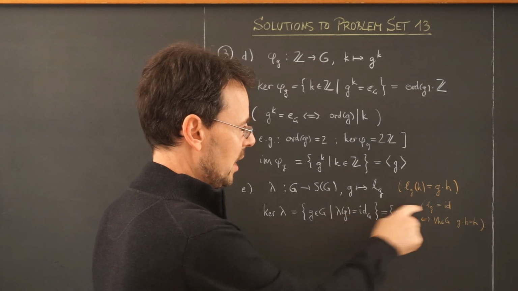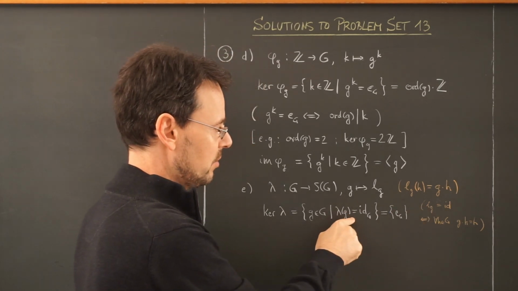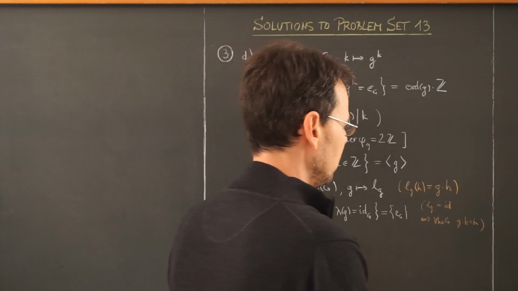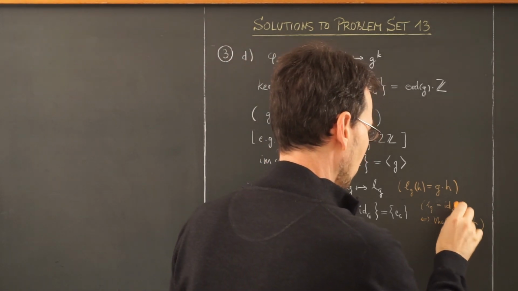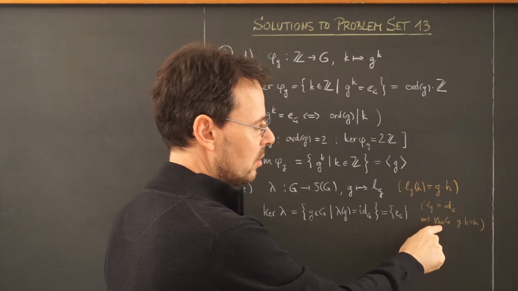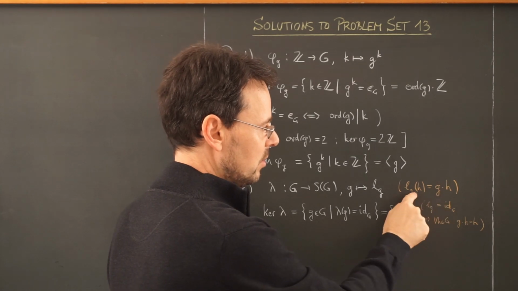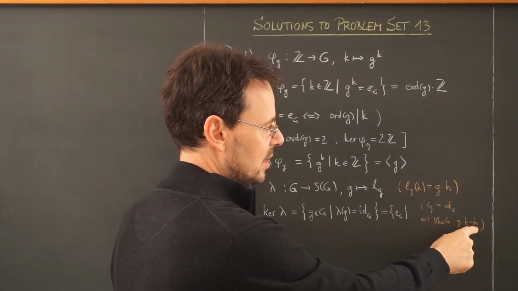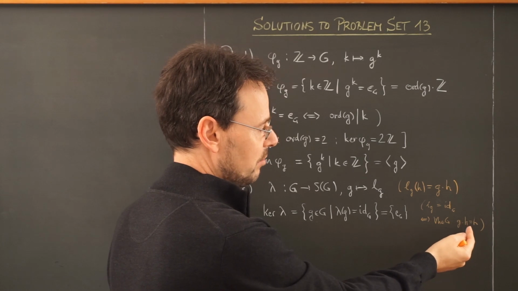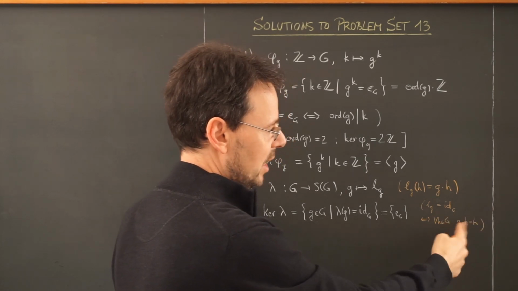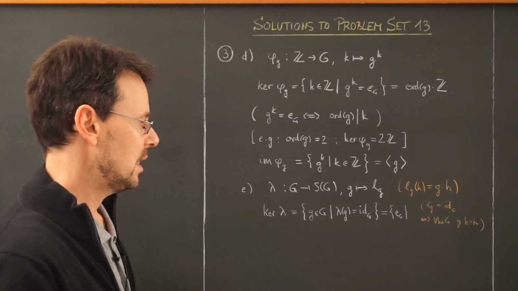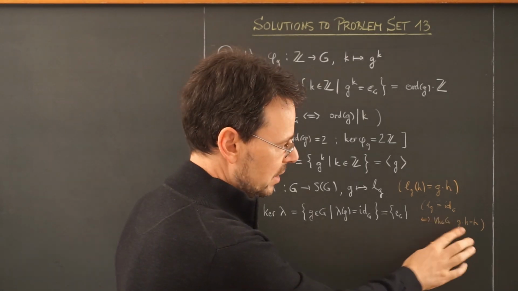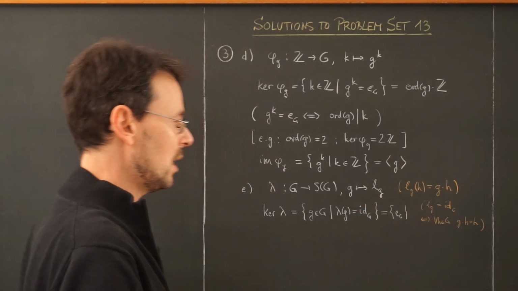When is L sub g, which is nothing but lambda of g, the identity of G? By definition, if for all group elements h, this here, L_g applied to h, is the same as h, only then it is the identical map. Then we can cancel the h and we end up with g equals e sub G. This would already suffice if it holds for one element.